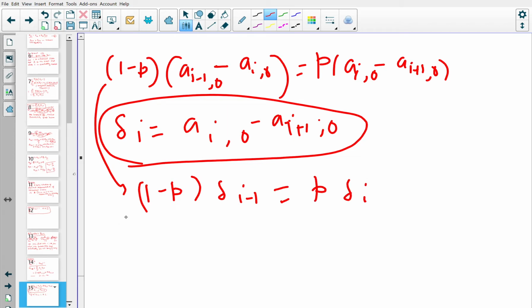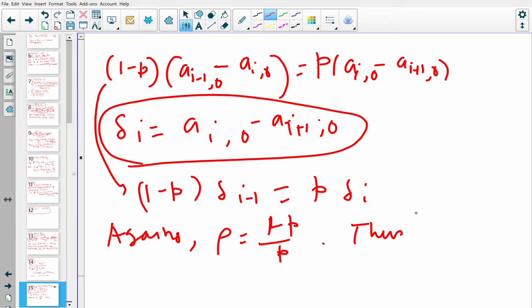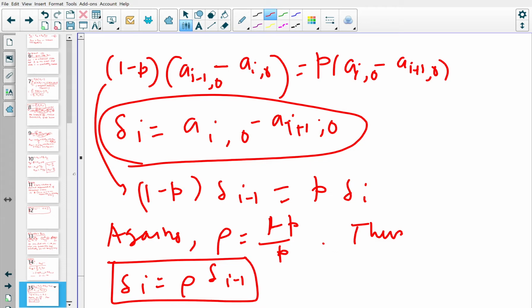Now again I am writing another symbol: say rho is equal to (1 minus p) by p. Thus this absorption probability equation becomes delta_i equal to rho times delta_(i-1), right? This is the new recurrence relation, clear, and this is true for i equal to 1 to M minus 1.